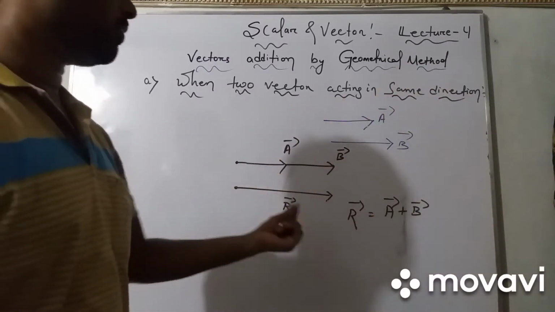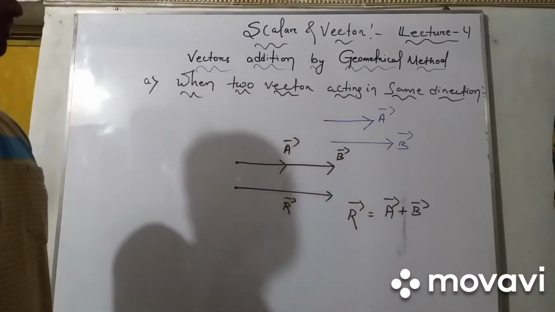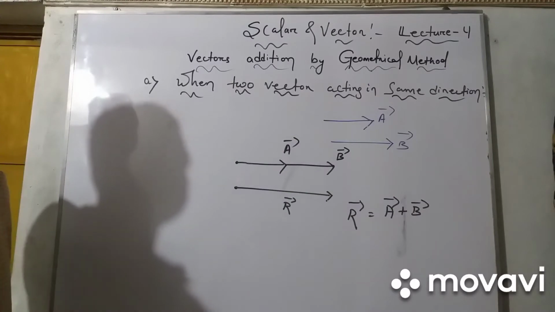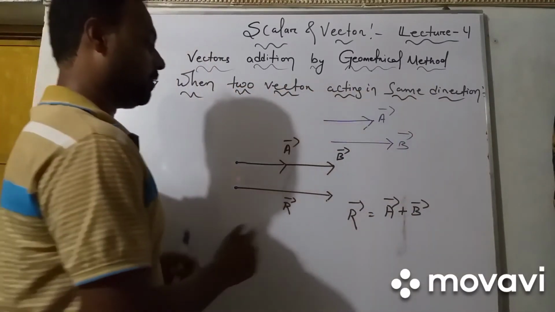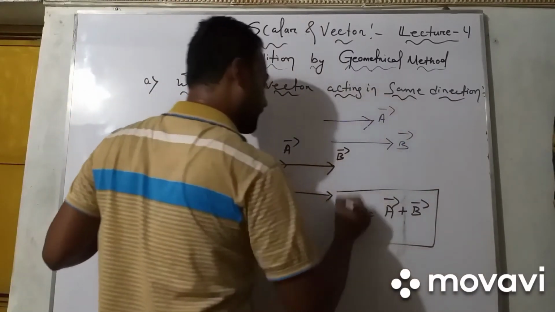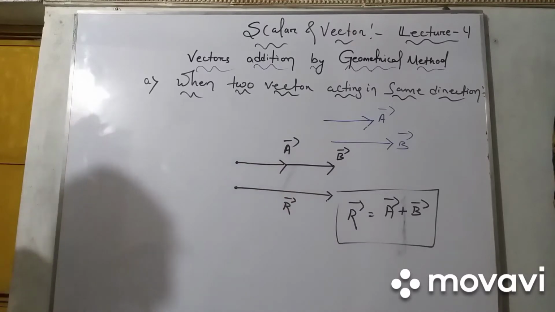So r vector equals a vector plus b vector. Please note it. So this is the representation of two vectors acting in the same direction. So this is the formula: R vector equals a vector plus b vector.